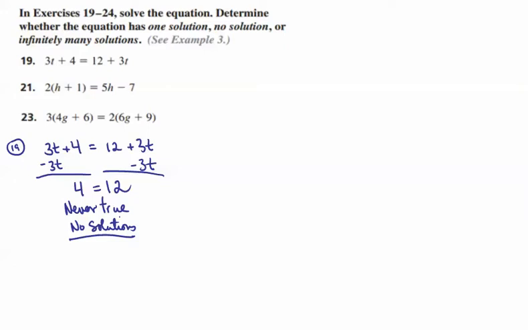We'll go on to the second example, which is number 21, and that says that 2 times h plus 1 is equal to 5h minus 7. So here we will need to distribute on the left, and we get 2h plus 2 is equal to 5h minus 7.